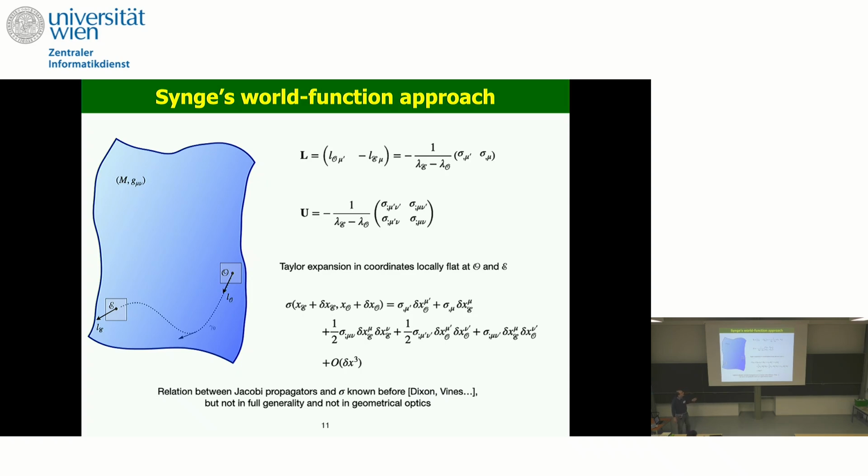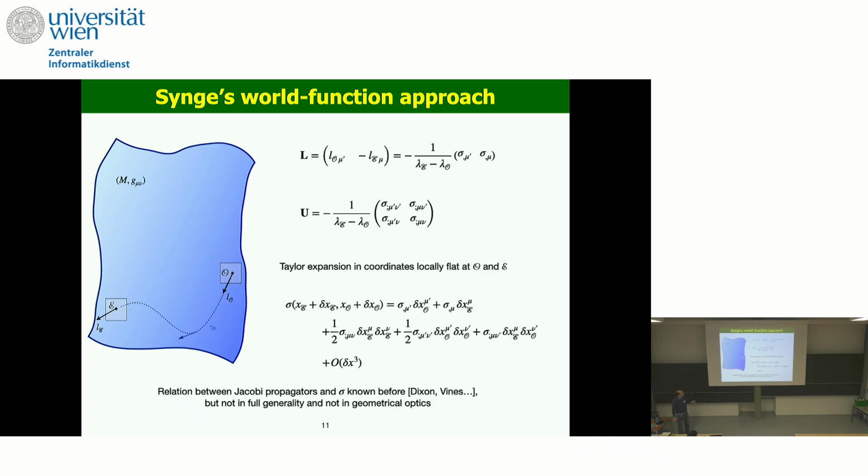and then it's also used in other fields. Now it's very closely related to U, namely the matrix U is nothing else but the Hessian of sigma, the world function, the matrix of the second derivatives with respect to all possible arguments.